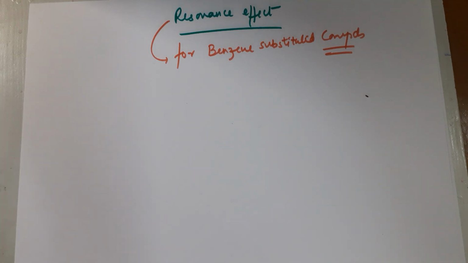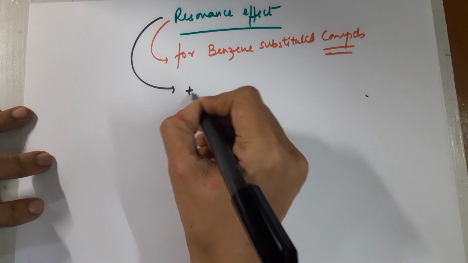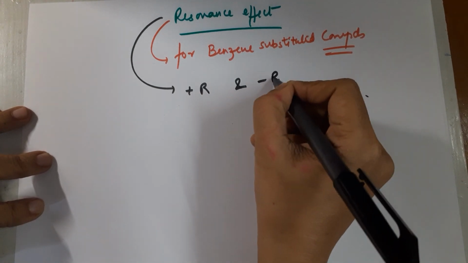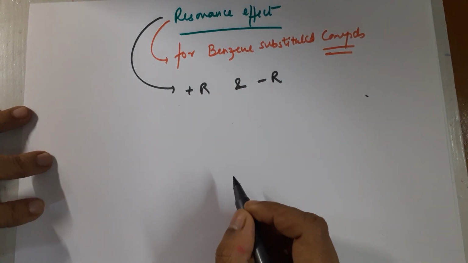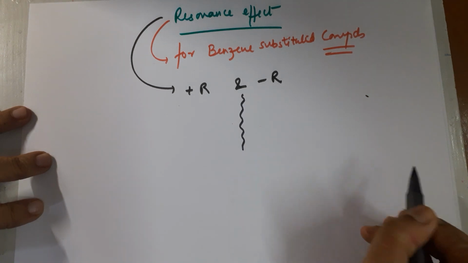Now, under the resonance effect, you have ideally a plus R effect and a minus R effect. When we talk about these two, they are entirely different from one another.